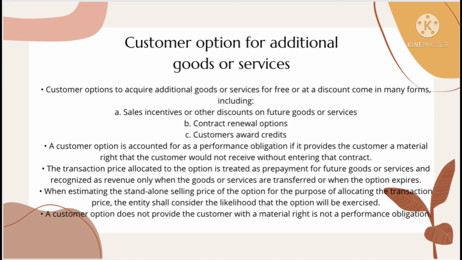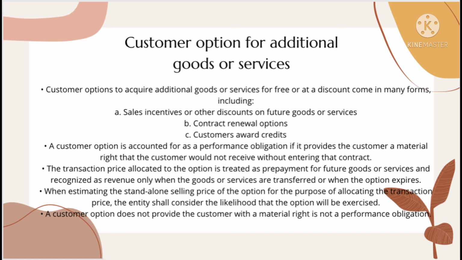If an entity grants a customer the option to purchase more goods or services as part of a contract, that option only creates a performance obligation in the contract if the option provides the customer with a material right that it would not have otherwise. For example, a discount that is incremental to the range of discount typically given for those goods or services to that class of customer in that geographical area or market.